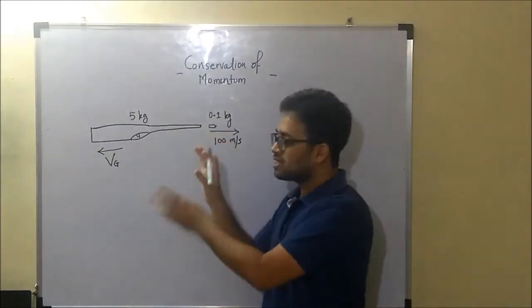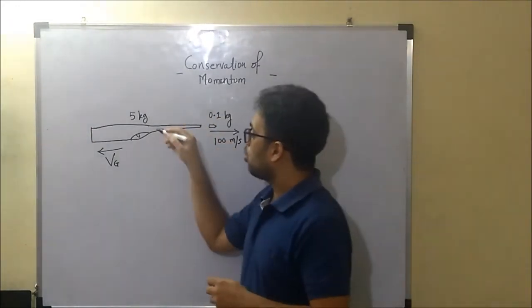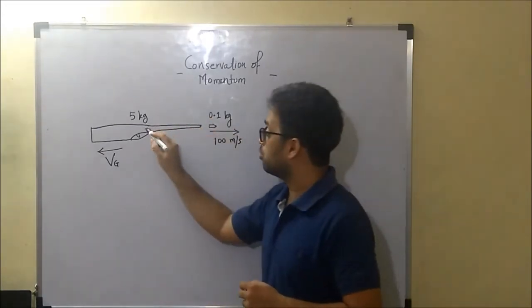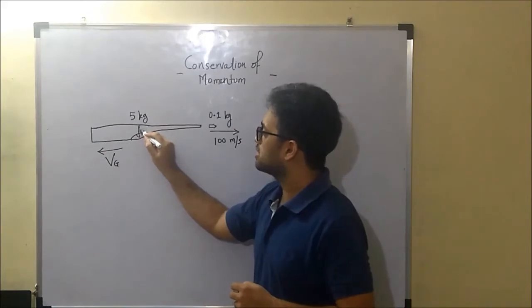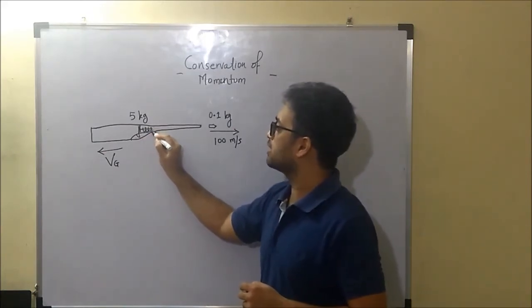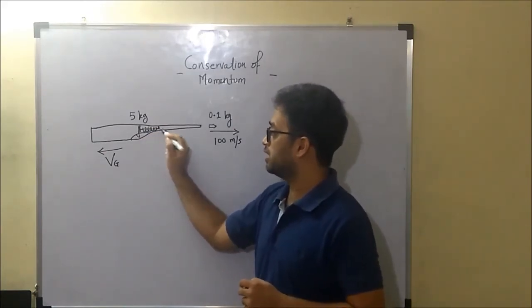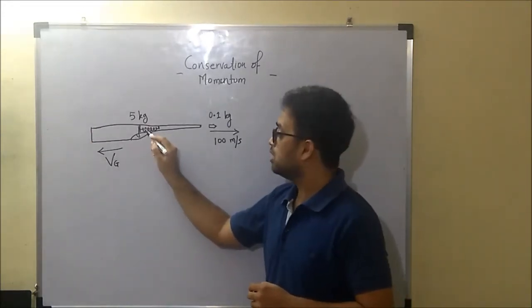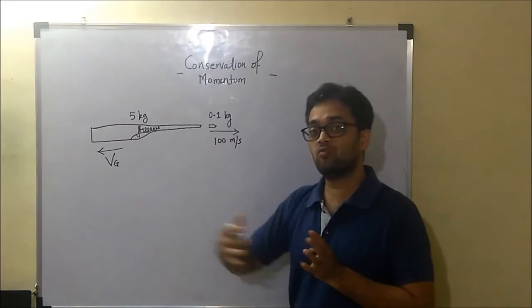But we have a simplistic mechanism. How does a rifle fire a bullet? It has a simplistic mechanism of a spring that is compressed in here. When you pull the trigger of the rifle, the spring gets unwound.